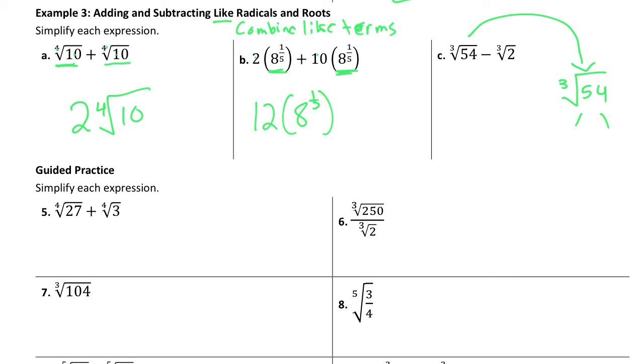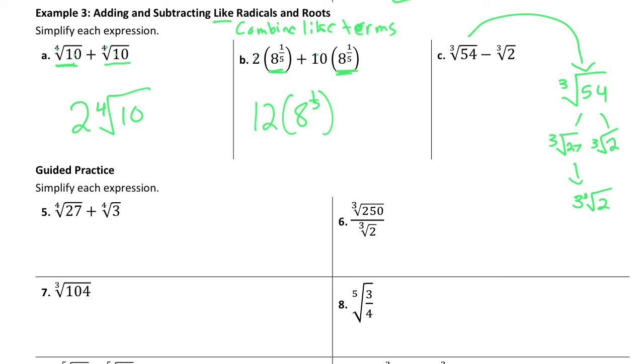I'm going to pull that apart by factoring it, and it's understanding that for these to be like roots, I want to have the 3rd root of 2. So I'm going to do 54 divided by 2 is 27. That's understanding the cube root of 27 is 3. So this would be 3 cube roots of 2.